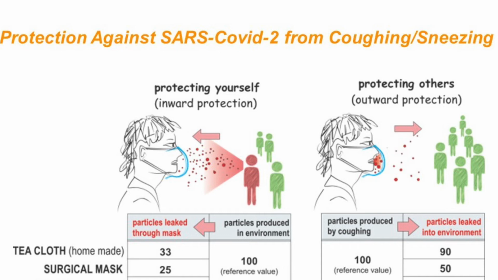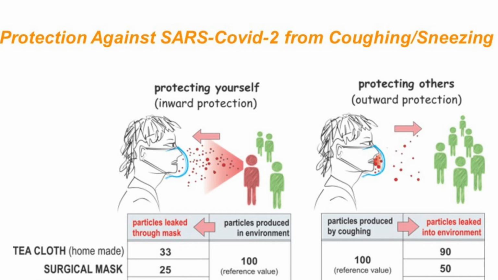One is a cloth mask. He says T-cloth, but that stands for cloth, dishcloth, or regular cloth. I don't know whether it's British terminology or what. If you wear one of these masks, and the reference value is the number of particles, let's say you had 100, 33% or 33 of them will be leaking through that cloth mask.